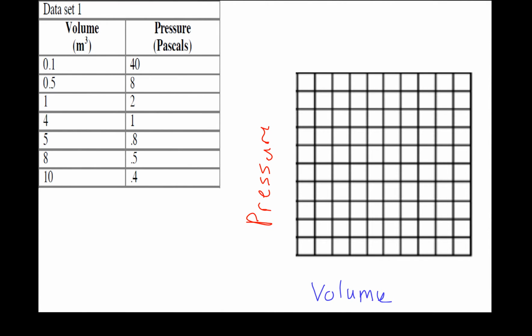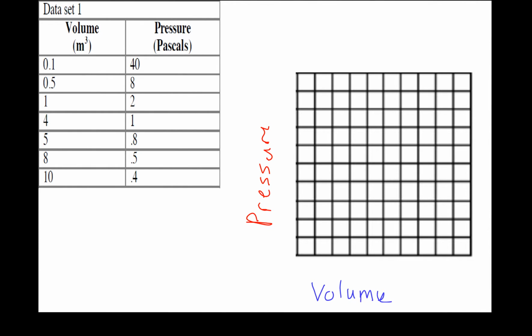As you can see here, the largest value for my x-axis is 10, and my smallest is 0.1. So I can start at 0, and I'm going to go all the way up to 10. Now, because there are 10 grid lines going across, I'm going to scale it accordingly.